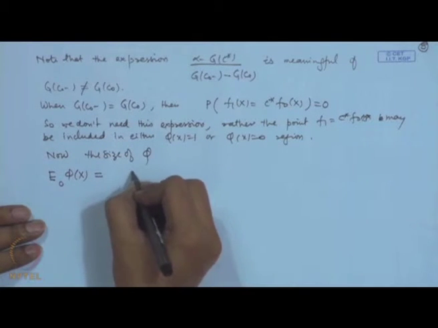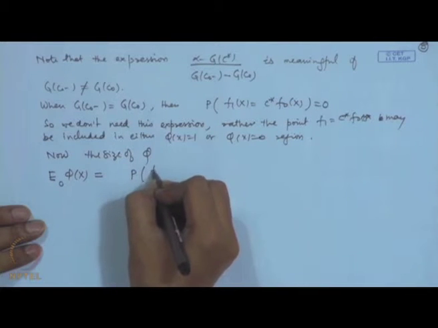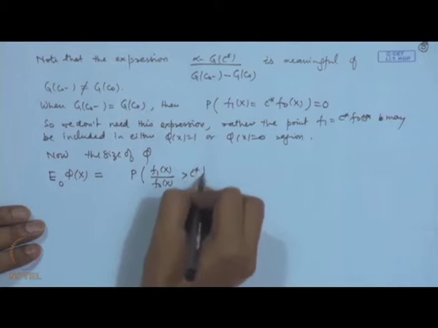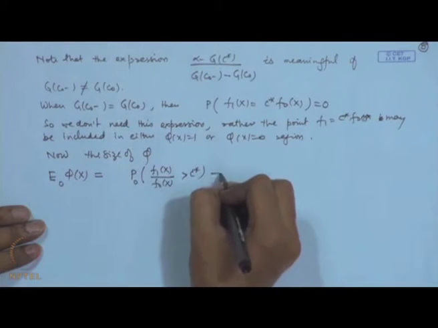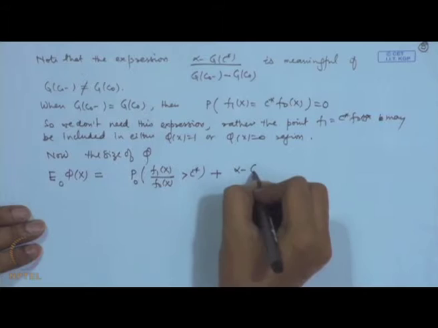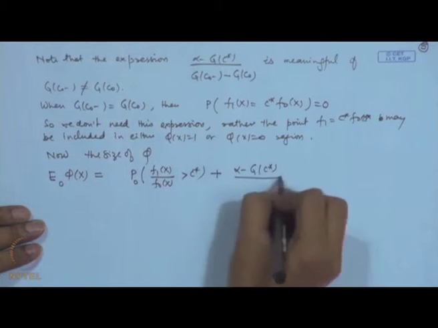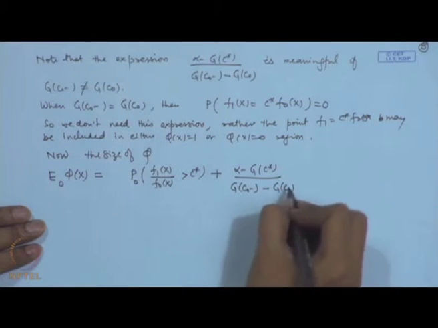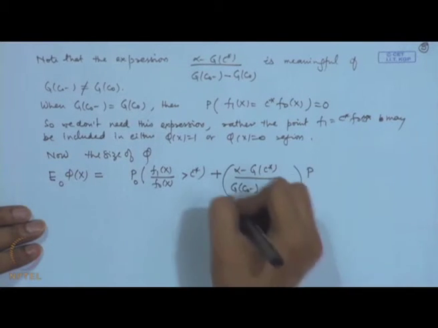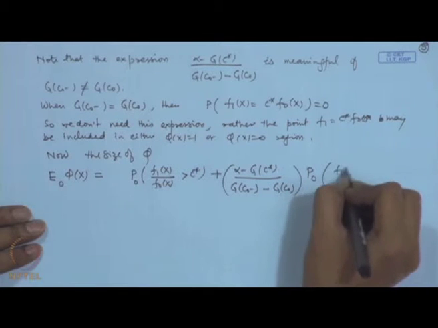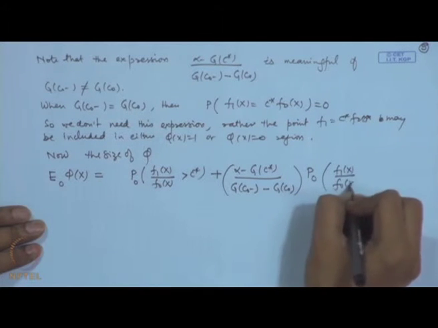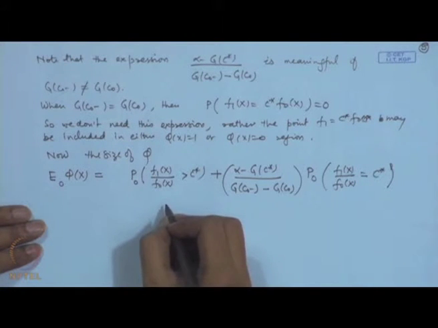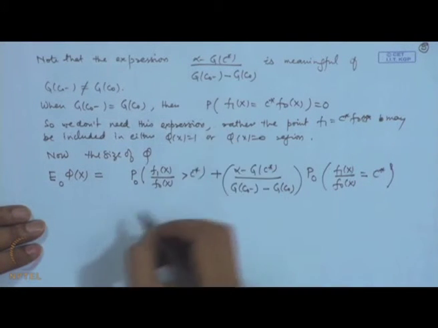This is equal to the probability of f1(x) by f naught(x) greater than c star under H naught, plus alpha minus G(c star) divided by G(c star minus) minus G(c star) times P naught of f1(x) by f naught(x) equal to c star, plus the other portion will be 0.